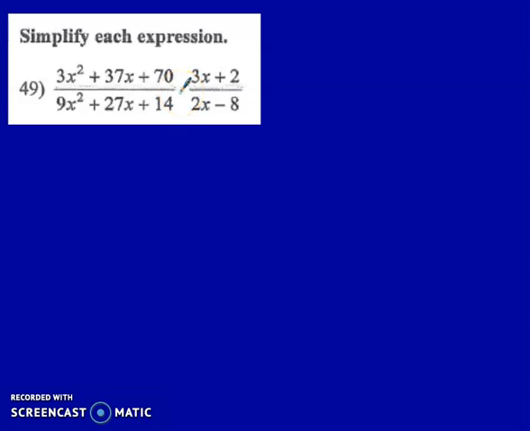Instead, what we want to do is try to simplify first. But how are we going to simplify? Better yet, let's factor, then simplify. So factor, then simplify.